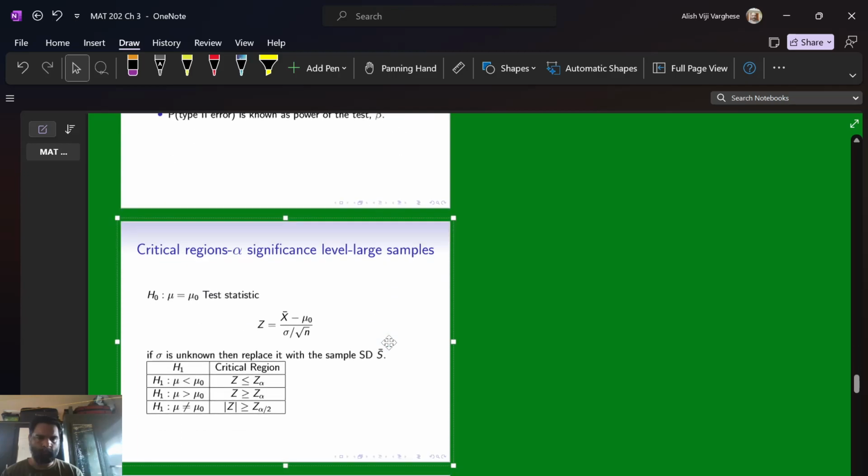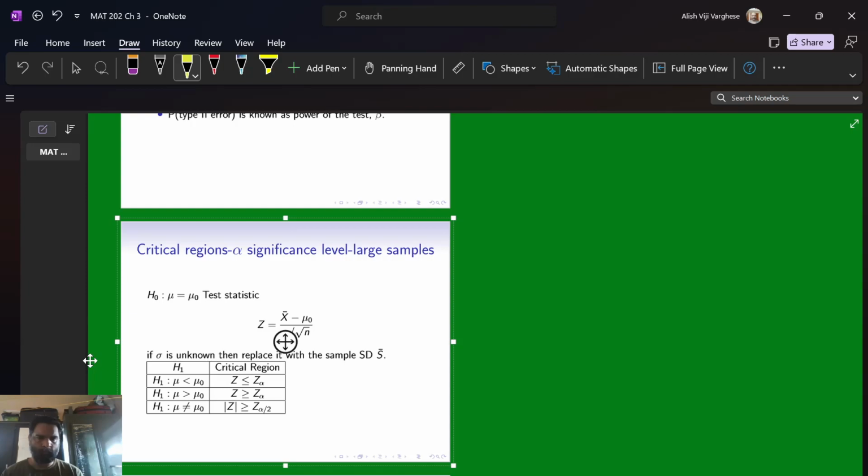Now, these are the critical regions for a large sample test about a statement about the mean of a population, where the sample size is large. So the null hypothesis is of the form mu is equal to mu naught, and the alternative hypothesis can be mu less than mu naught, or mu greater than mu naught, or mu not equal to mu naught.